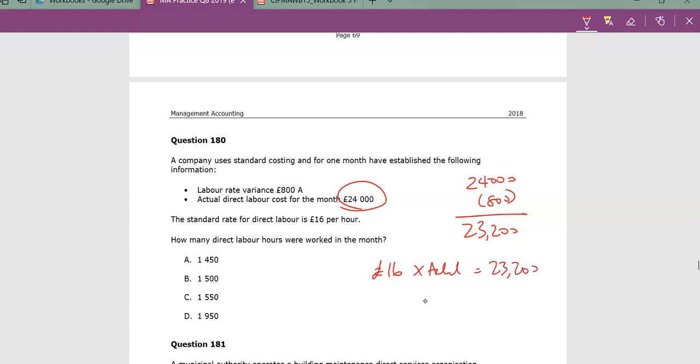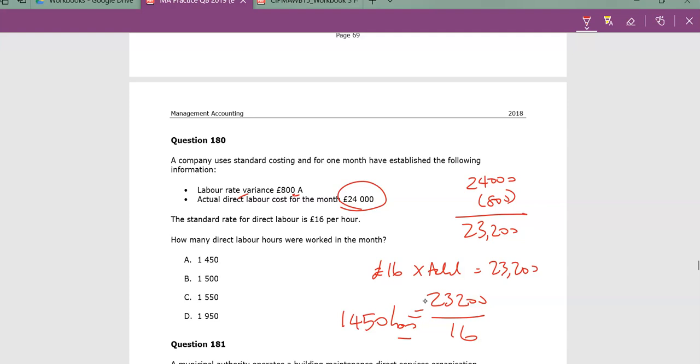So the actual number of hours was 23,200 divided by 16, which takes us to 1,450 hours. What you need to do is start learning how to use the variances to work backwards, and that's what this is forcing you to play with.